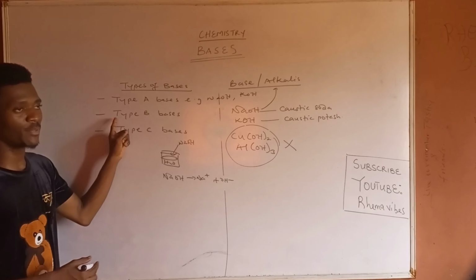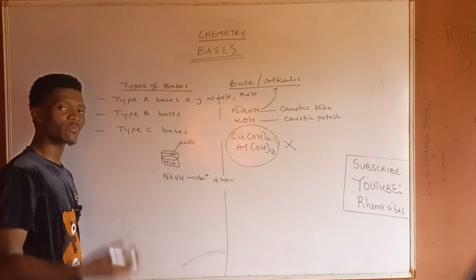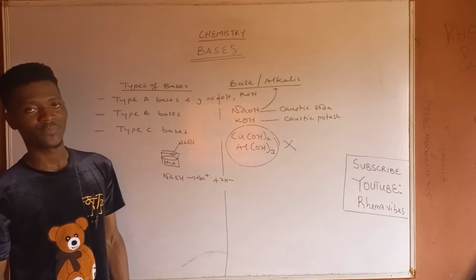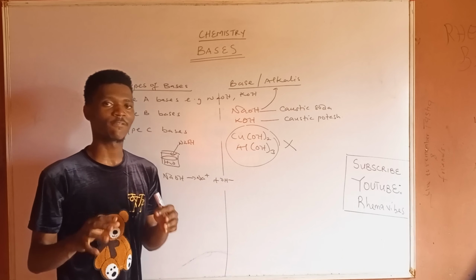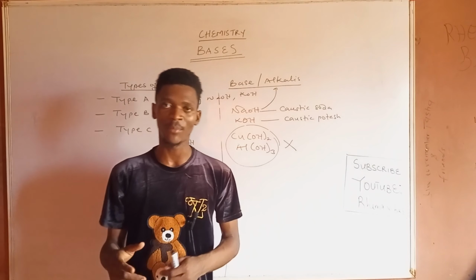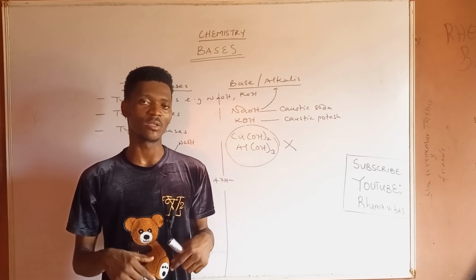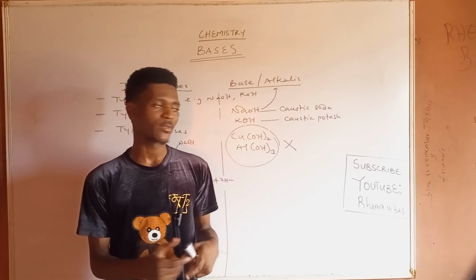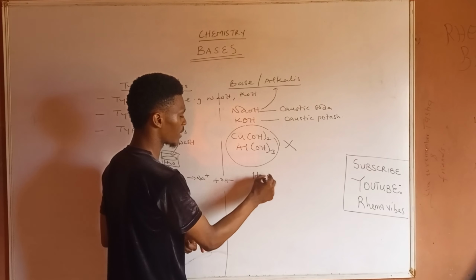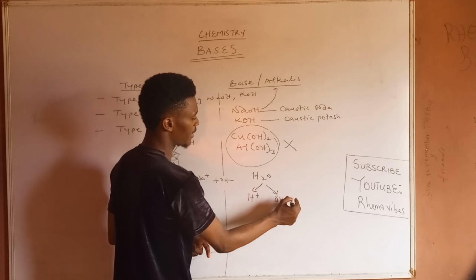But looking at the type B bases, they are simply bases that tend to produce OH minus when dissolved in water. And how do they produce the OH minus? They produce the OH minus from the water molecule. So what happens is this: when you dissolve a type B base in water, it tends to split the water molecule into two parts, H plus and OH minus.